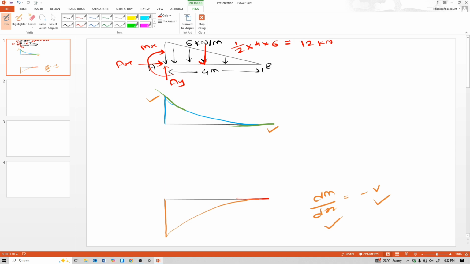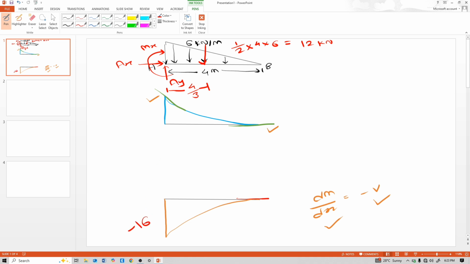And this distance is 4/3. So here moment is positive 12 into 4/3, it is 16 and plus MX, that's why this is minus 16.